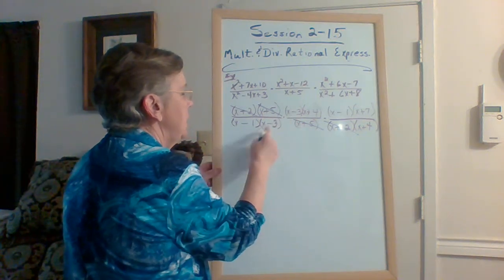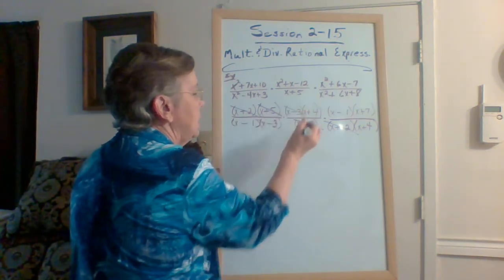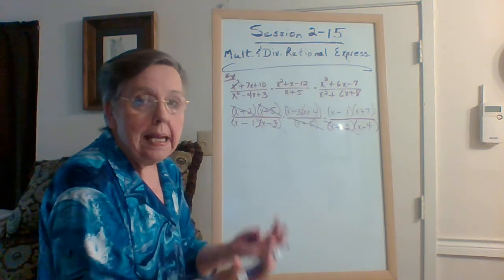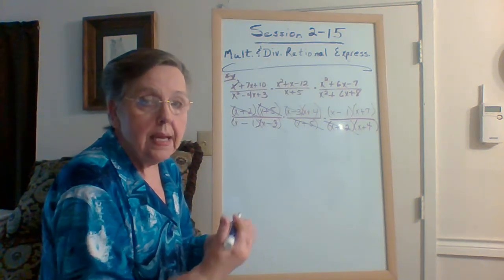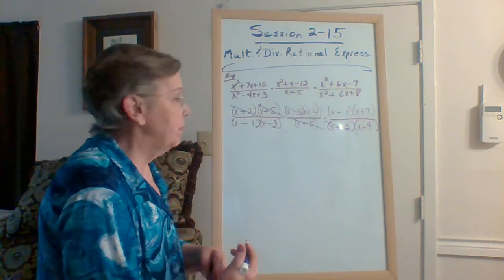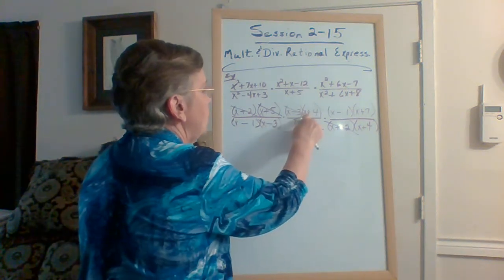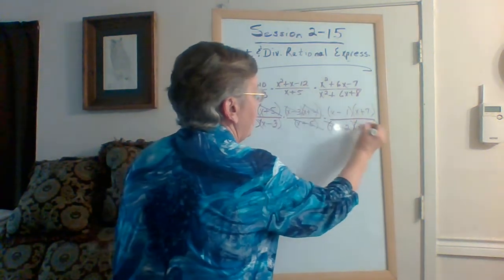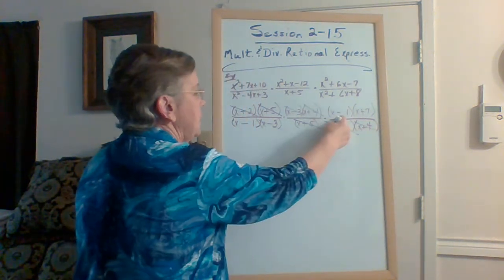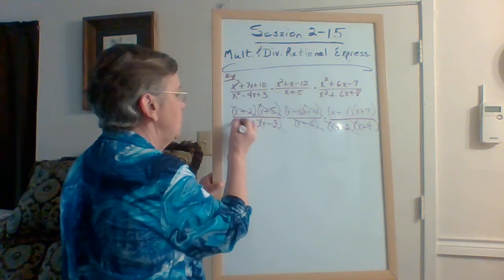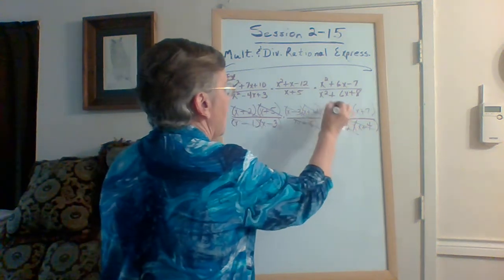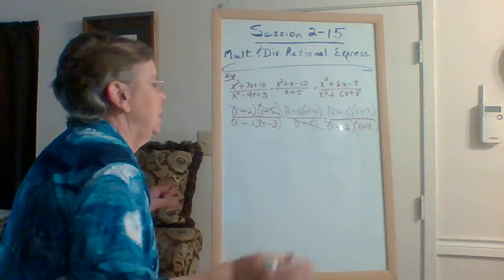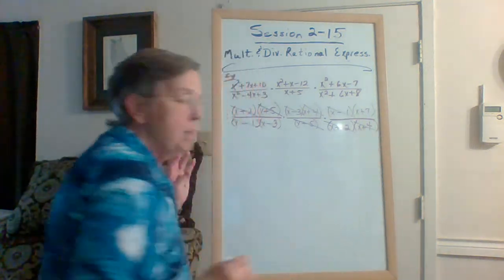Well, here's one down here. See, it doesn't matter which fraction they're in. Just any numerator with any denominator. x plus 4. Well, there's an x plus 4. x minus 1, x minus 1. x plus 7. I canceled everything in the denominator.